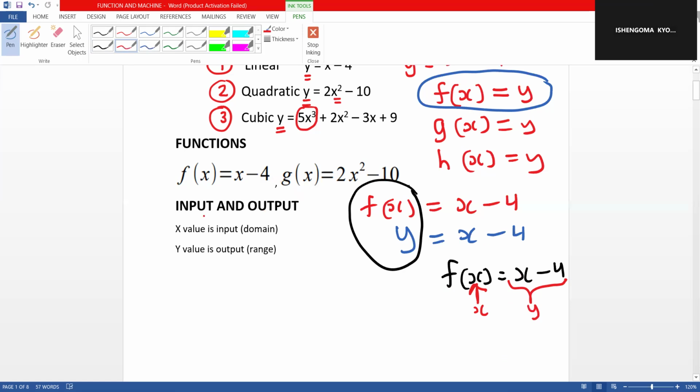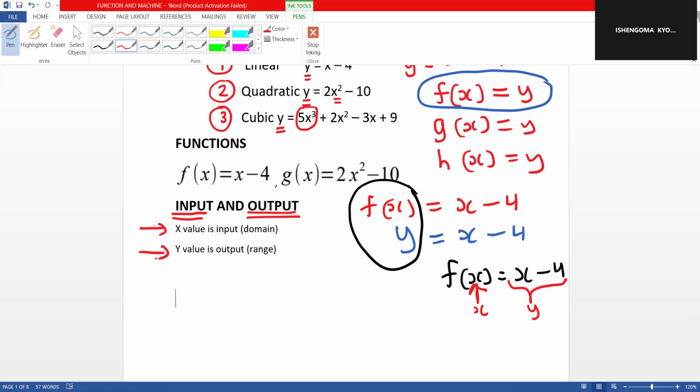Now let's see what is an input and what is an output. The x value always represents the input. And the input is what you keep into a function. Y always represents output.